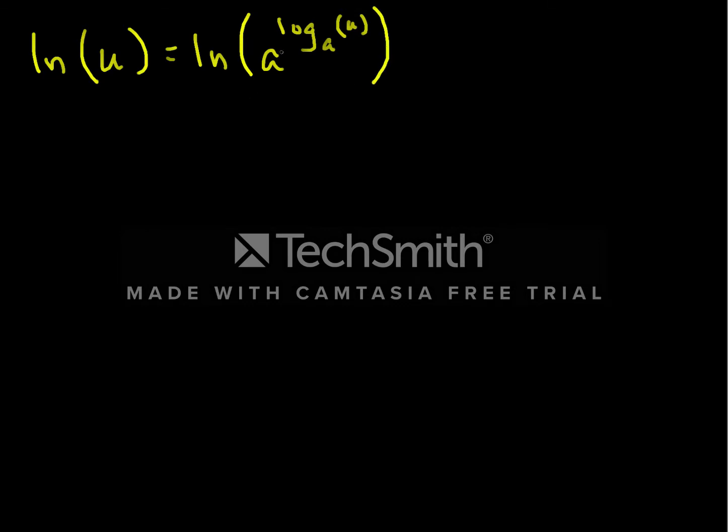Right? This is our key identity, that any number u is equal to a raised to the log base a of u, because these are inverses of each other. But now this is an exponent inside there. So this is equal to the natural log of a times log base a of u.